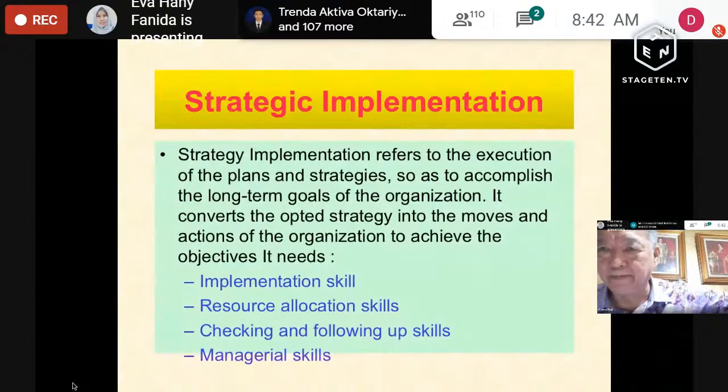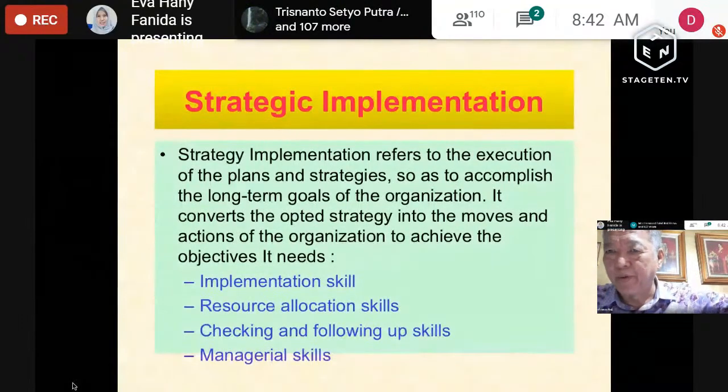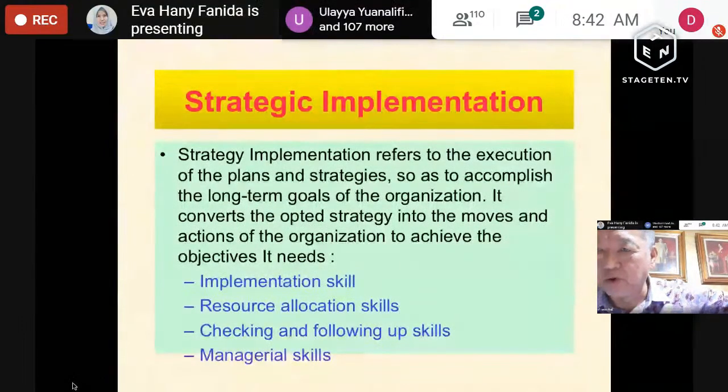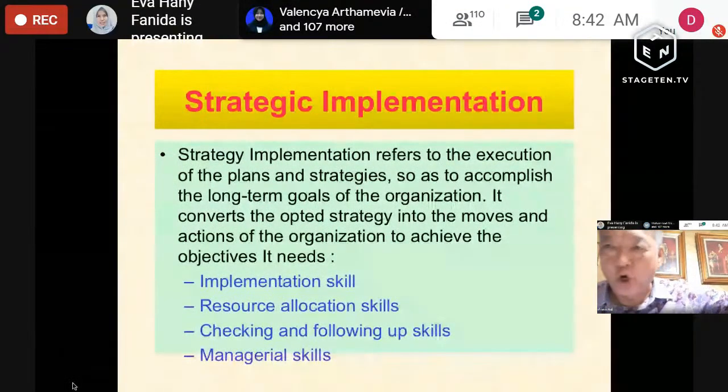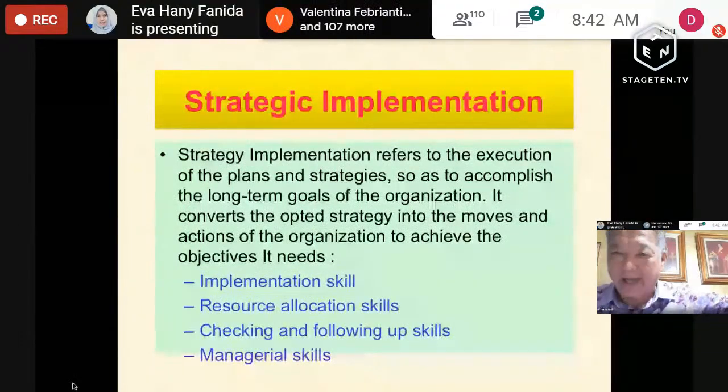Okay. So we have to convert the strategy into the moves or actions of the organization to achieve the objective. Okay, so how can we do that?